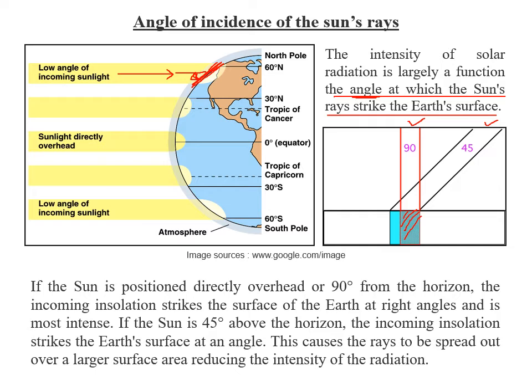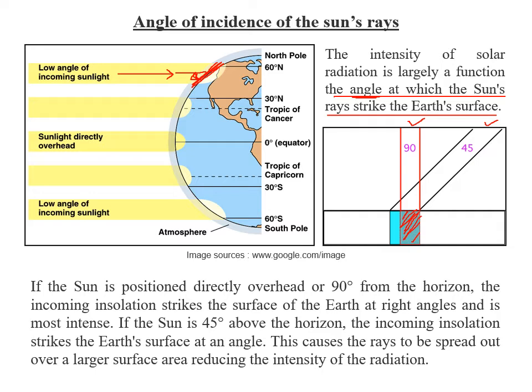When the energy falls at a 90-degree angle over this flat surface, it covers a lesser area compared to when the energy falls on this surface at about 45 degrees.